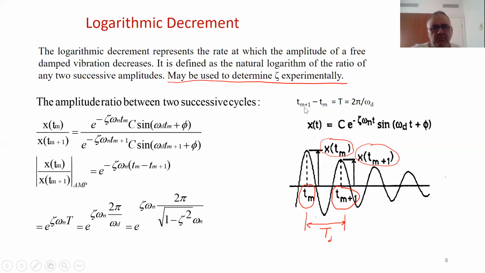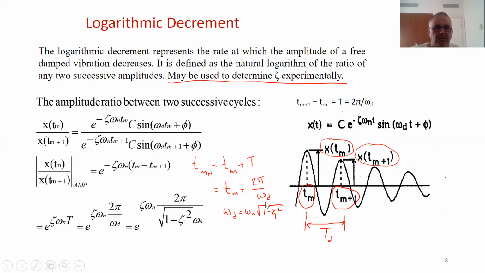Now, Tm plus 1 is equal to Tm plus capital T. Capital T is 2 pi over omega d, and omega d, as you remember, was omega n times root of 1 minus zeta squared.